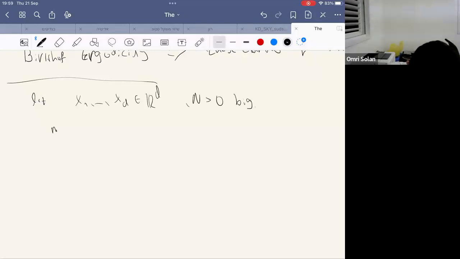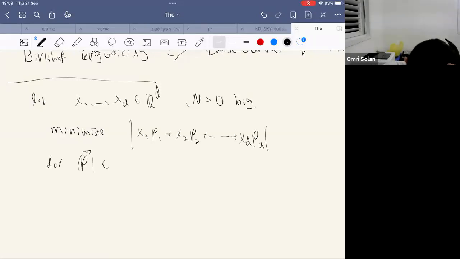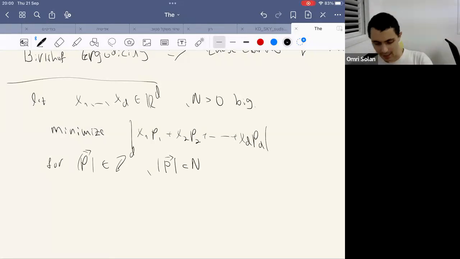Minimize x1 p1 plus x2 p2 plus ... plus xd pd for p in Z^d with norm less than N. Okay, this is another approximation problem.